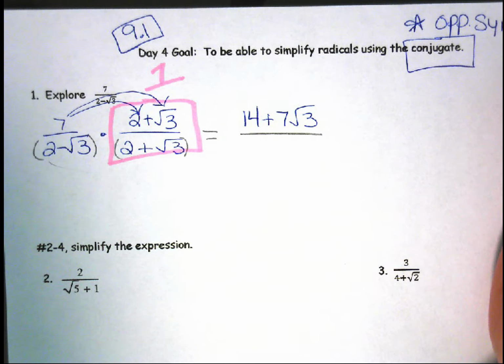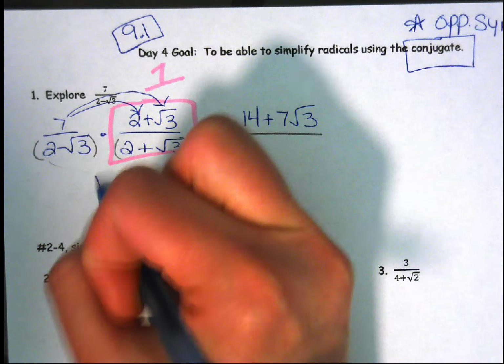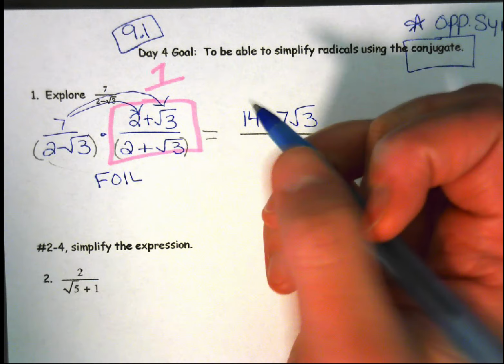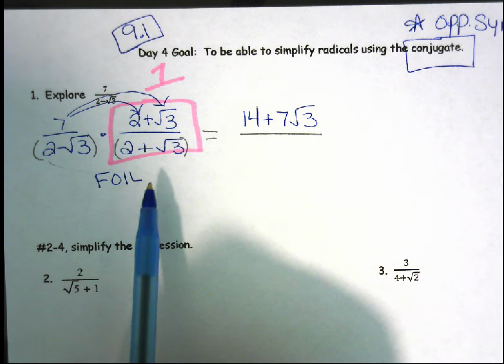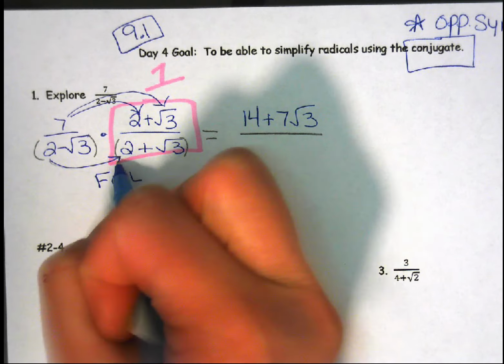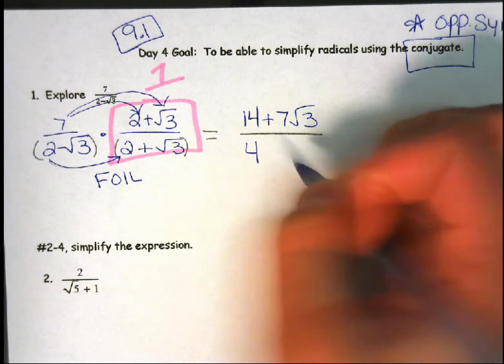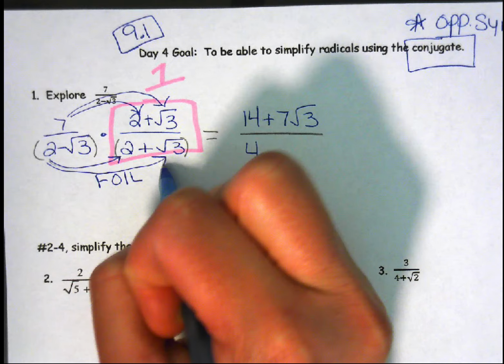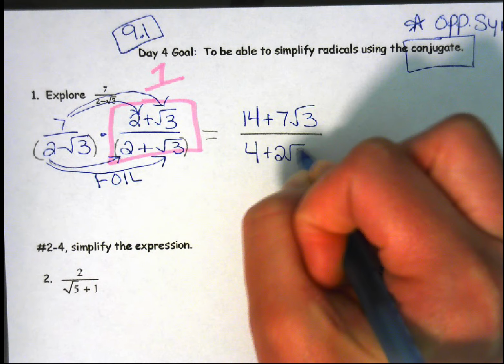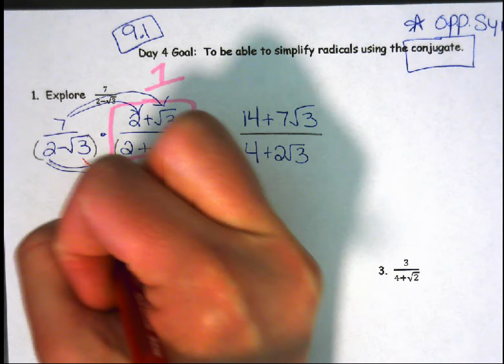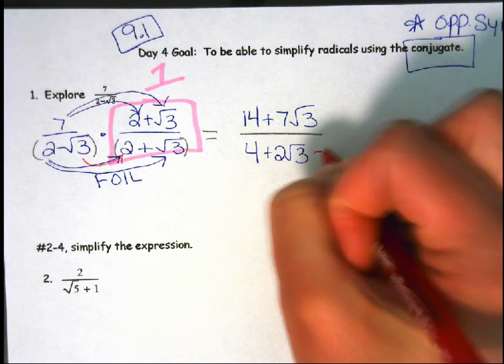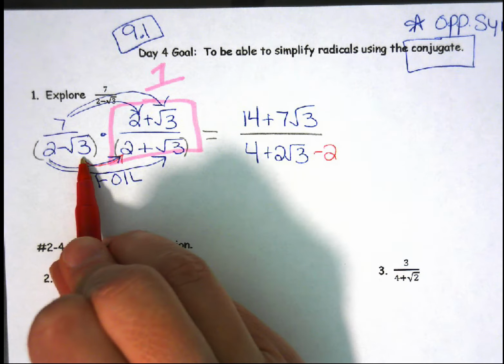Okay? Now, the bottom, we're going to FOIL. I'm going to do this one all the way out, but then hopefully we'll know the shortcut. So first, 2 times 2. Outer, 2 times the square root of 3. Inner, negative times 2, and then radical times radical.